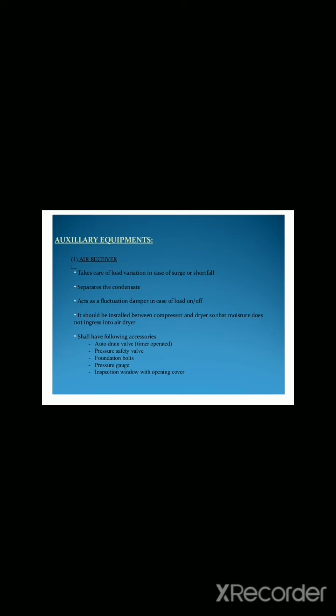It shall have the following accessories: first one is auto drain valve, that is timer operated. Second point is pressure safety valve. Third point is foundation bolts. Fourth point is pressure gauge. Last point is inspection window with opening cover. These are the accessories.